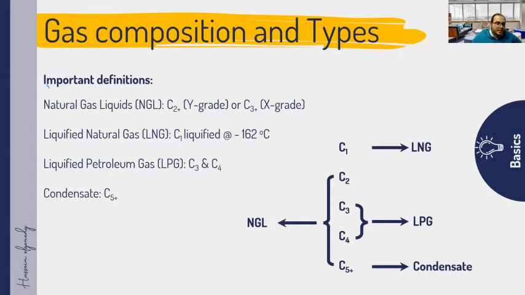And there is another definition, which is LNG. There is a difference between NGL and LNG. LNG is the liquefied natural gas, which is mainly methane, and it's liquefied at minus 162 degrees Celsius.